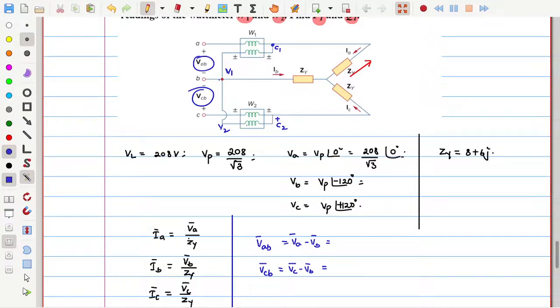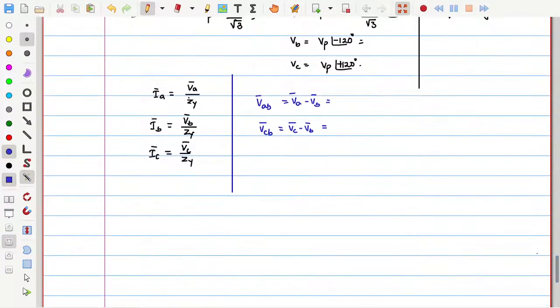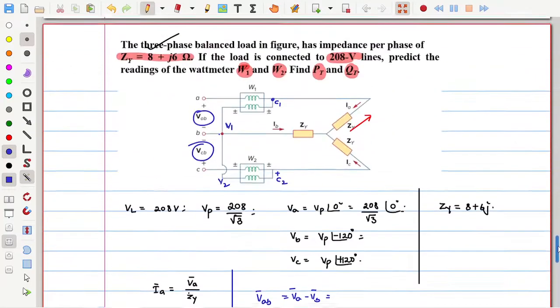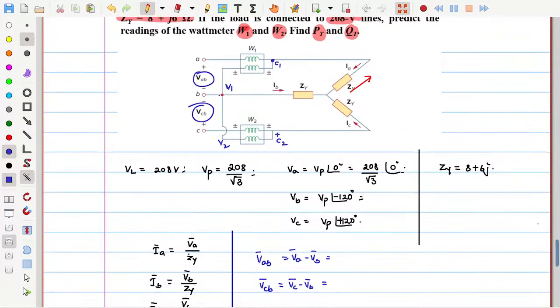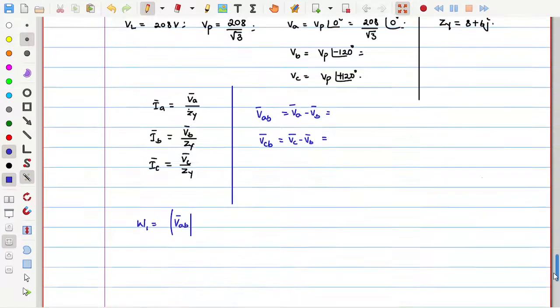now I can write the wattmeter readings like this. W1 is equal to the magnitude of VAB, whatever value you get here, into the magnitude of IA. This current in C1 is equal to IA, and this current in C2 is equal to IC.